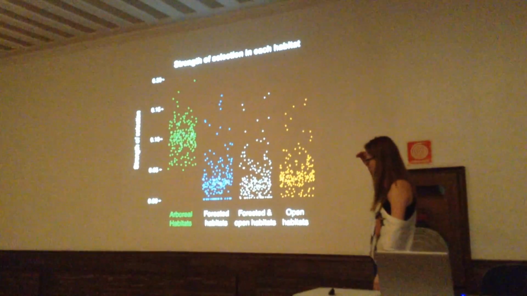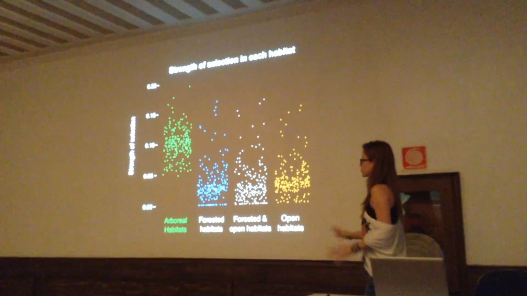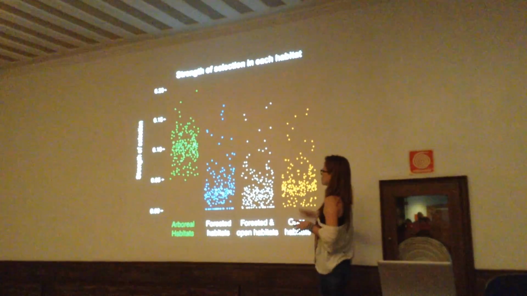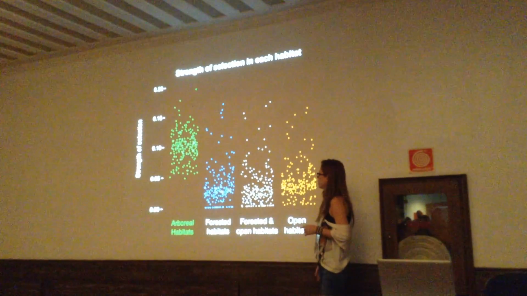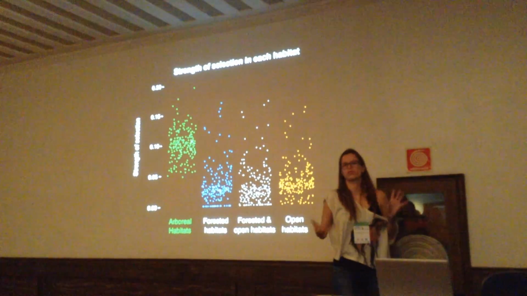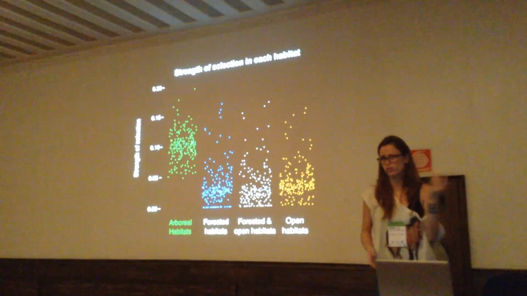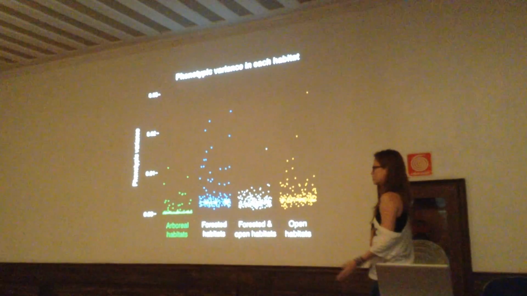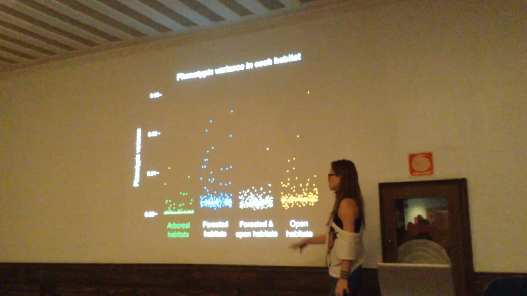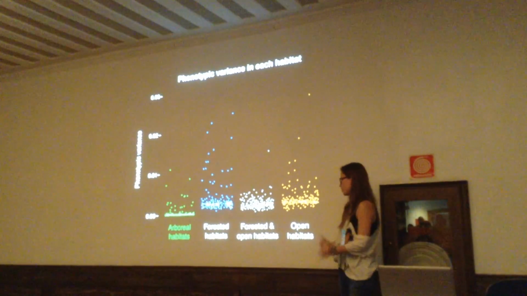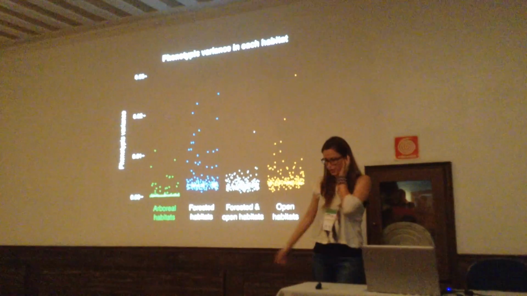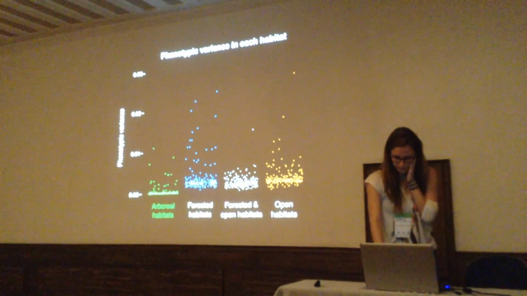However, the parameter of strength of selection seems to be estimated with stronger values among arboreal snakes. And so arboreal snakes are evolving under stronger selection compared to the other habitats. And the other parameter, the phenotypic rate, seems to be smaller among arboreal snakes. So they are evolving under smaller phenotypic rates compared to the other three habitats.